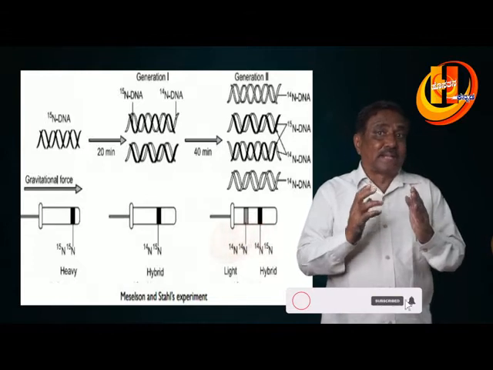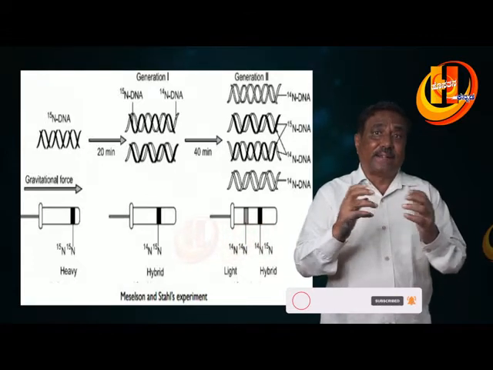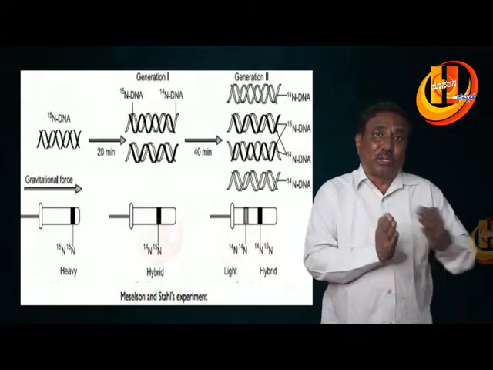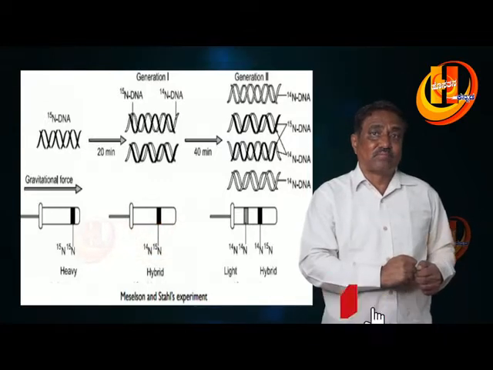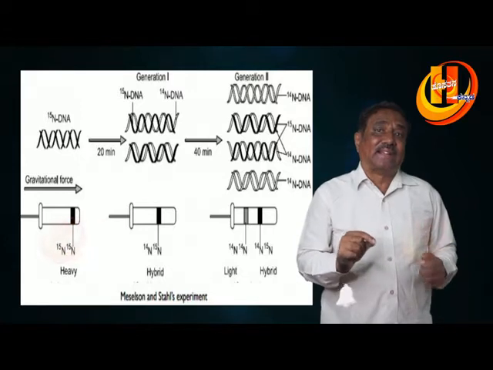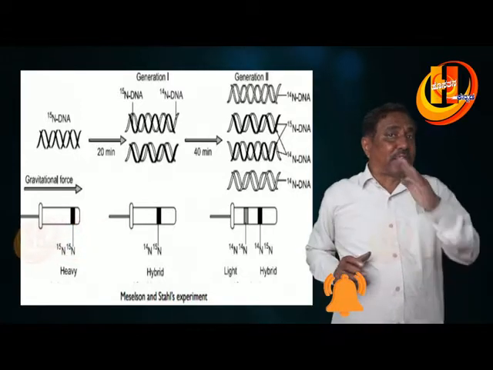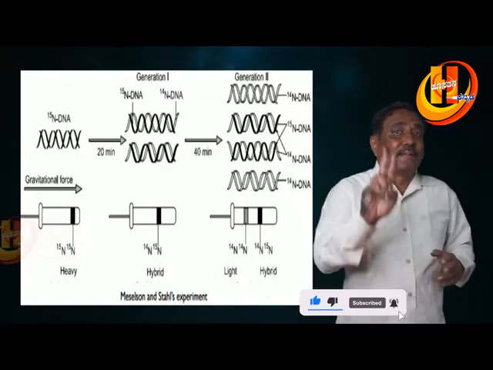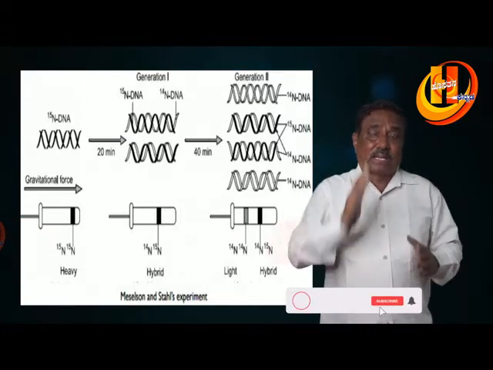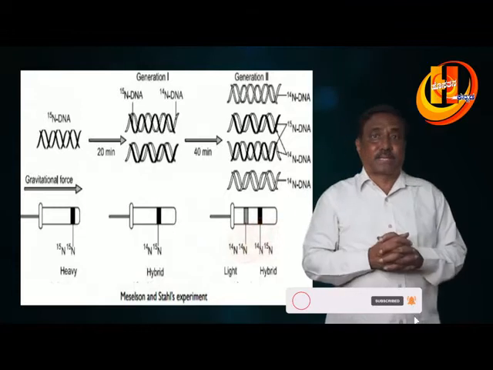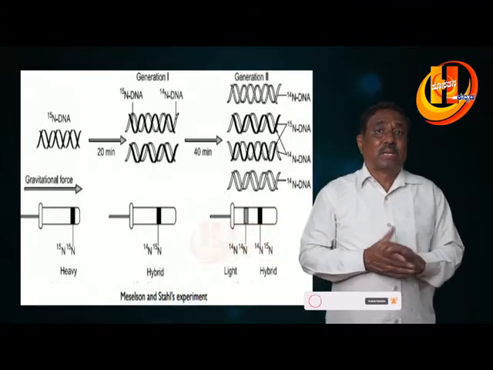After 20 minutes, as the bacterial cell divides, the newly formed DNA will show one strand heavy nitrogen and another strand light nitrogen, N14 and N15. Thus two new DNA molecules are formed. They are the hybrids after 20 minutes.